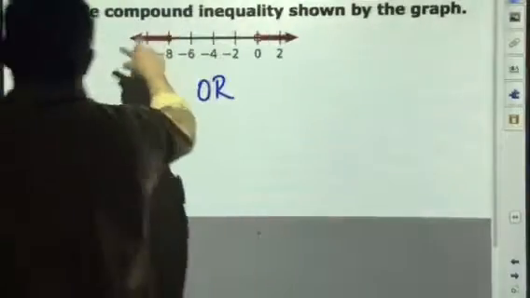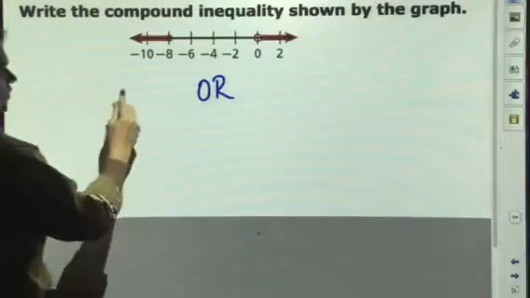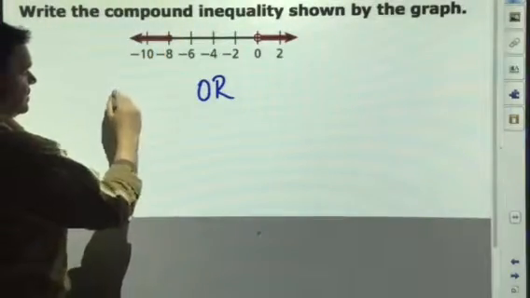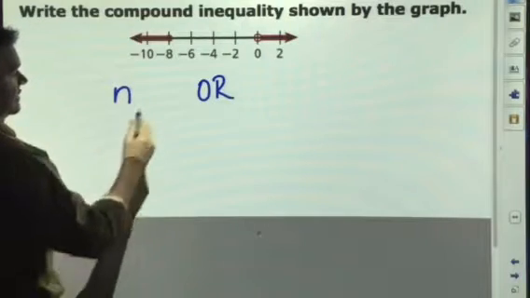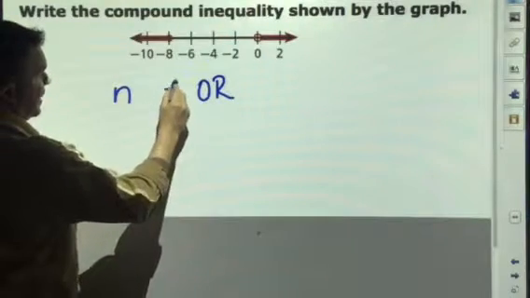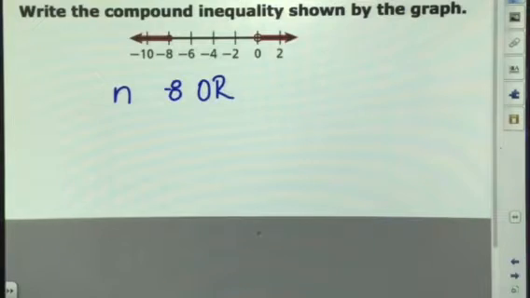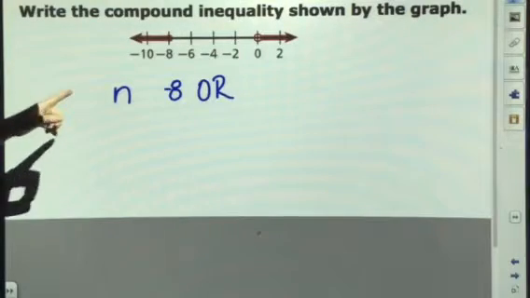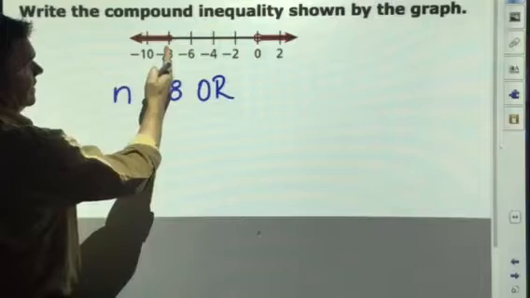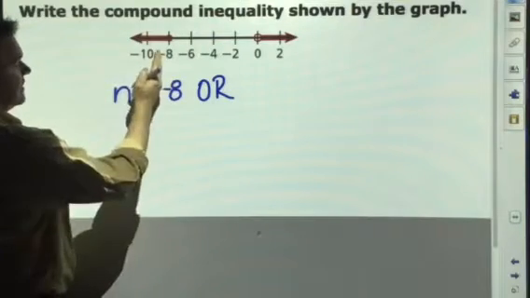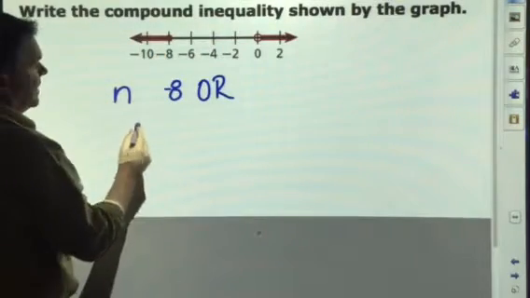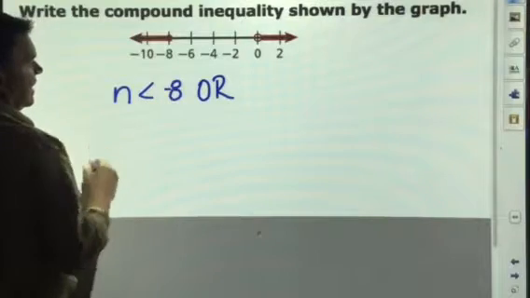So let's start on the left-hand side here. Okay, we just need a variable, so I'm just going to choose n. Okay, and something is happening around -8. And then, so we can say, all right, this is being pulled away from the -8, it is less than -8.